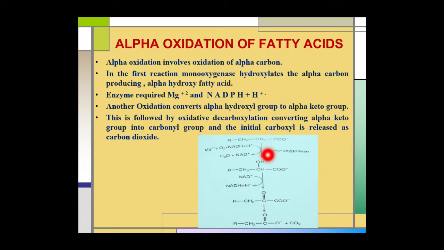This alpha hydroxy fatty acid is converted to an alpha keto group, and this is followed by oxidative decarboxylation converting the alpha keto group into the carbonyl group, and the initial carboxyl group is released as carbon dioxide.